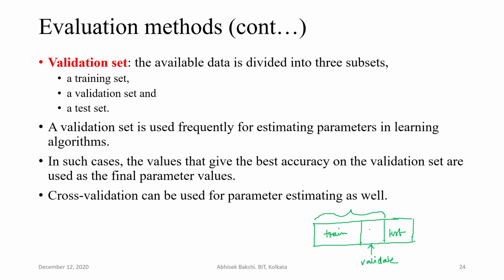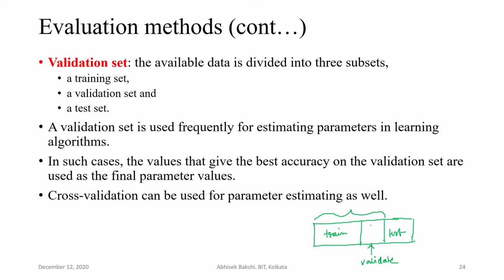If, after some set of epochs, we find that the accuracy with respect to the validation data set has started decreasing, we stop there, because if we keep on training, the model is going to be in an overfitting situation.